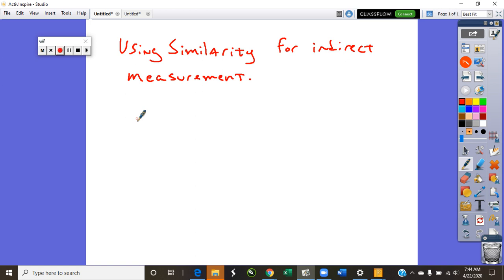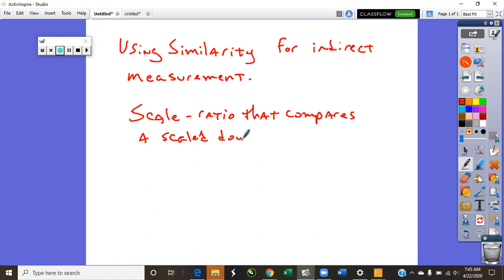Okay, so we're going to first think about what a scale means. Okay, when we talk about a scale, we're talking about a ratio that compares a scaled down, and that can also be or up, measure to an actual measure.